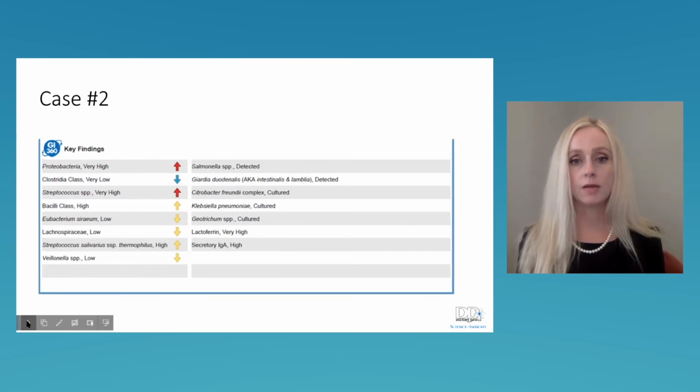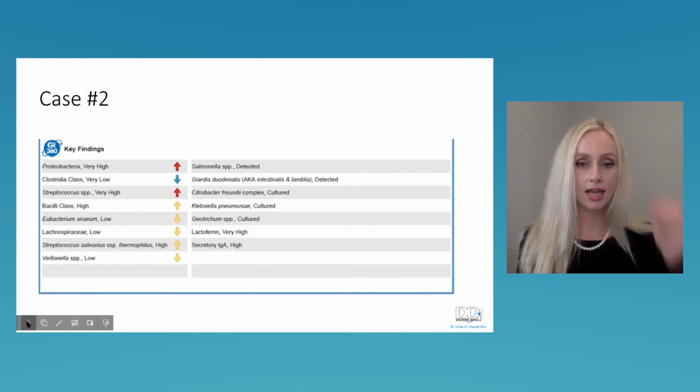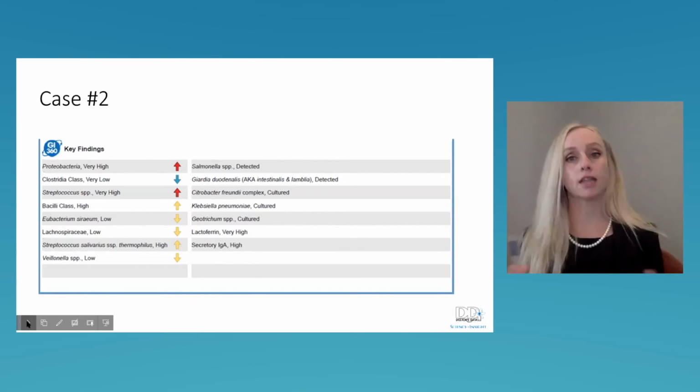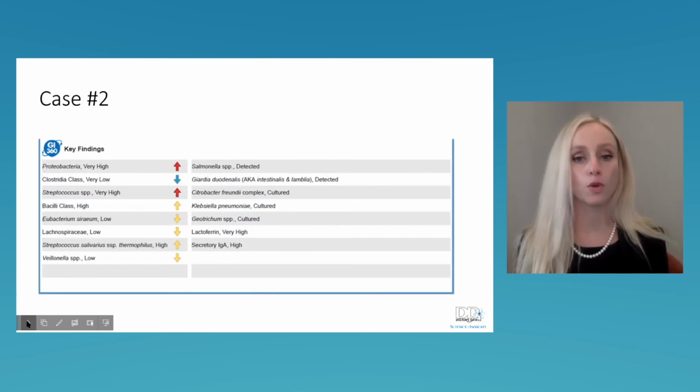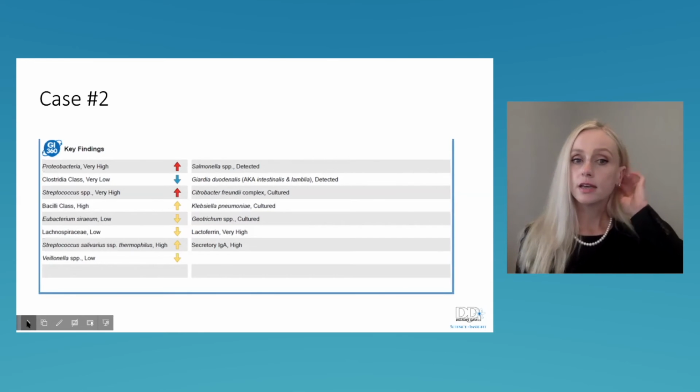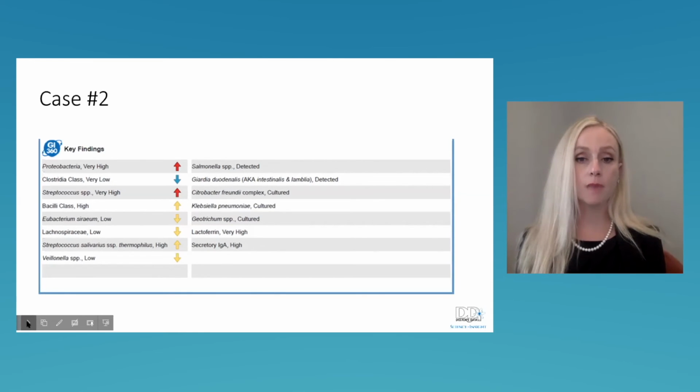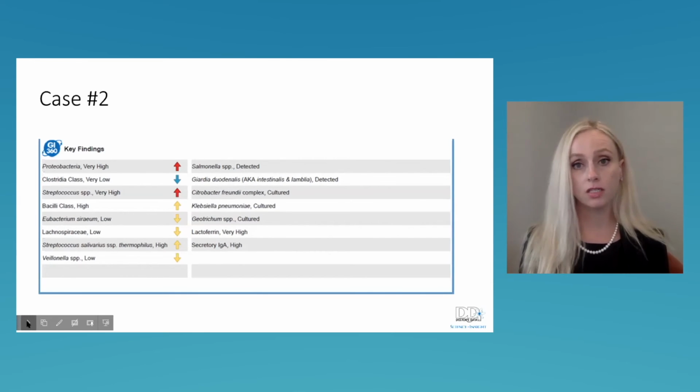specific inflammation, IBS. And then we also see this secretory IgA is high. So in this case with the secretory IgA, this is actually appropriate because there are things for the body to mount an immune response. So in the presence of bacteria, parasites, even yeast, or viruses, we do want to see elevated secretory IgA because that shows an appropriate immune response.